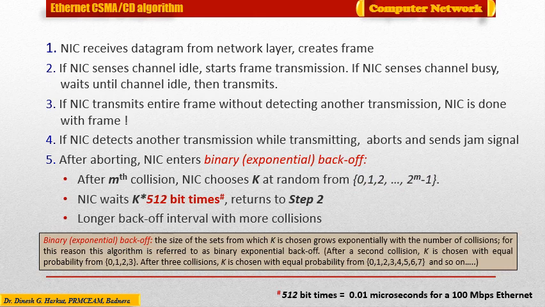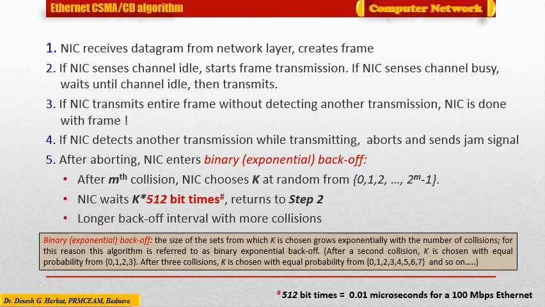That is, when transmitting a frame that has already experienced m collisions, the node chooses the value k such that it belongs to 0, 1, 2 up to 2 raised to m minus 1.